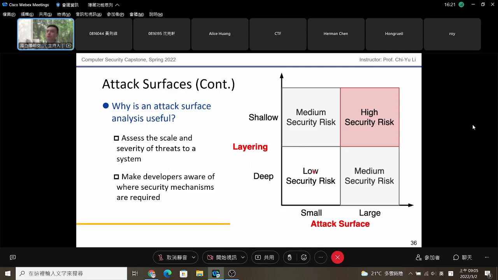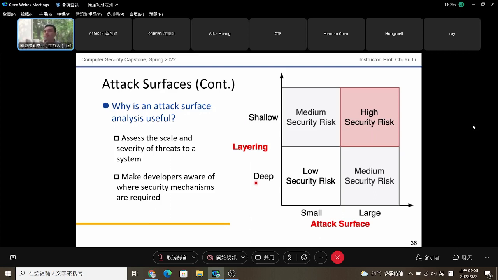When we have a large attack surface, even if we have deep layering, which means we have several security mechanisms in a row. For example, we have a security mechanism at the gateway, in your Wi-Fi router, and we have another defense in your personal computer.